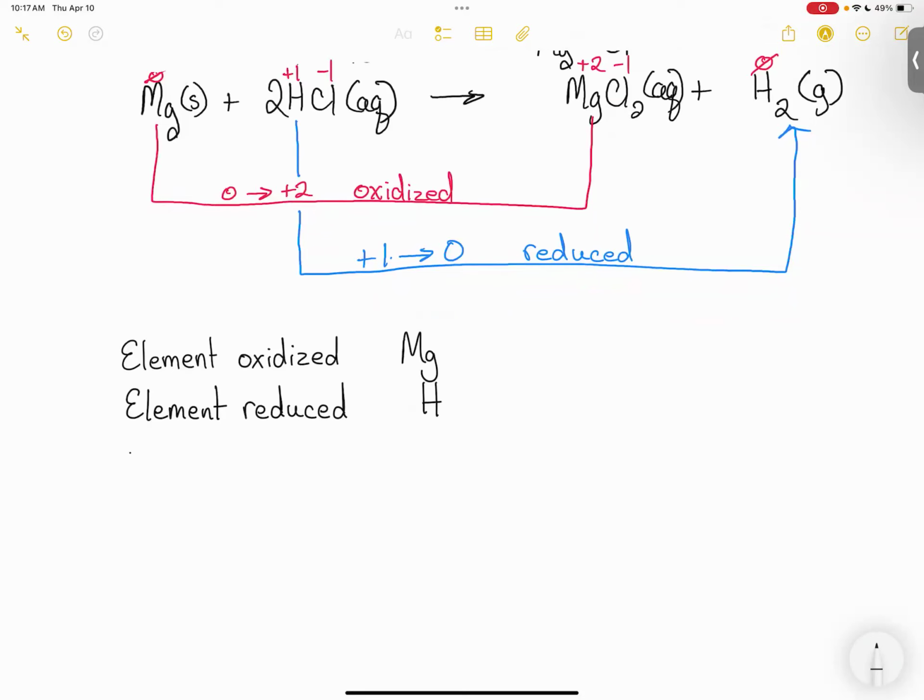Now, you'll see this written as either reducing agent or reactant. I like the latter one because it tells me which side of the balanced chemical equation to look at.